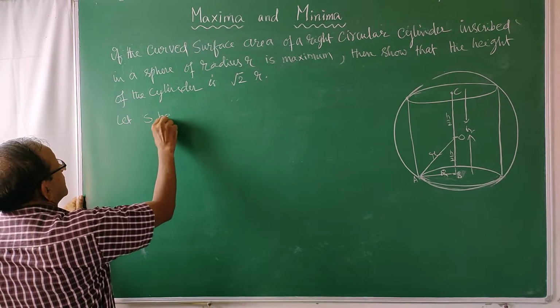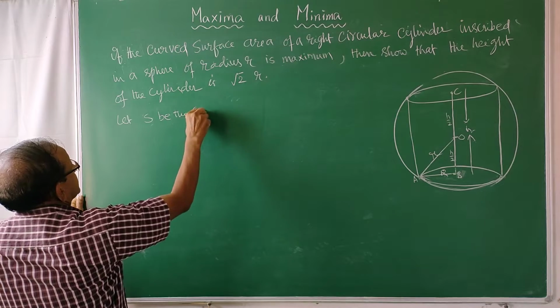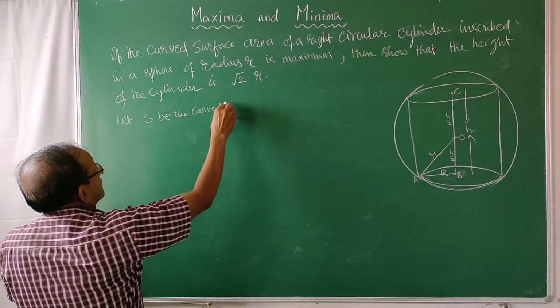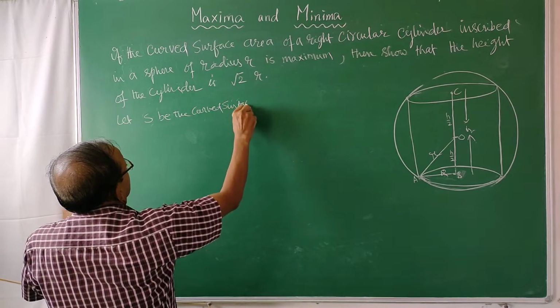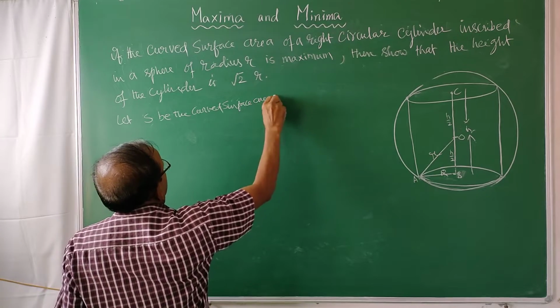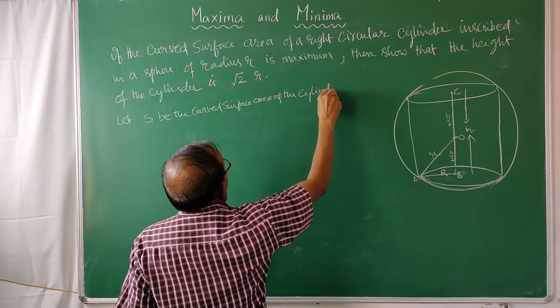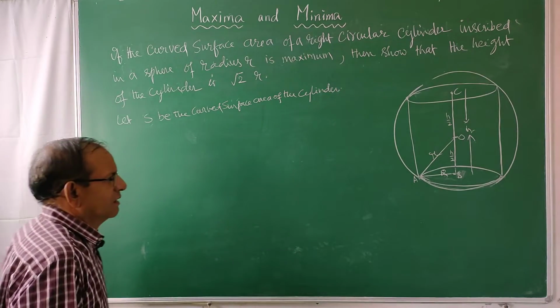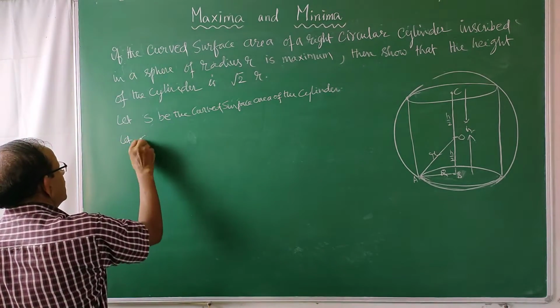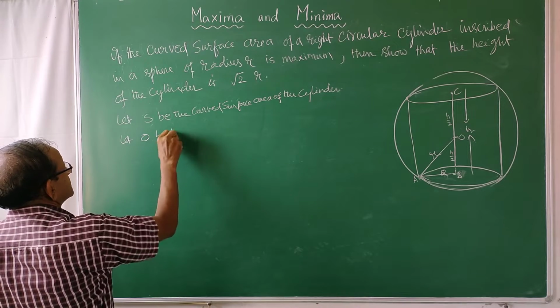let S be the curved surface area of the cylinder. Let O be the center of the sphere.